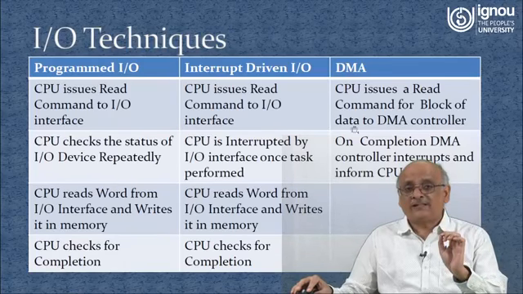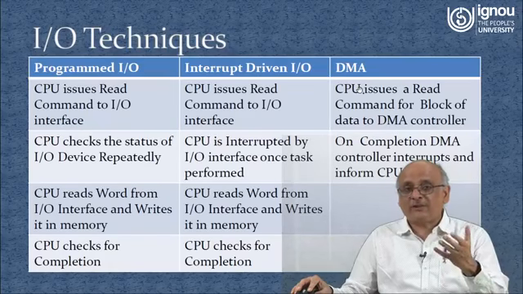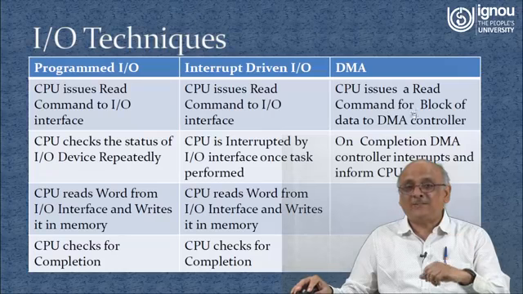So the registers are still needed in the CPU because the information about which memory locations are to be utilized has to be told. Likewise, much information is to be given to the DMA module, and the DMA module will complete its job, transfer that particular block, and it will interrupt only the CPU once it has completed the job.